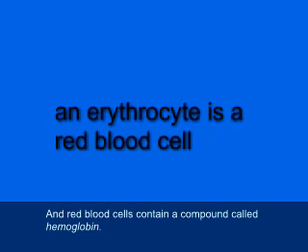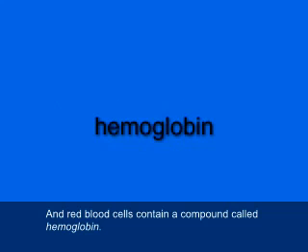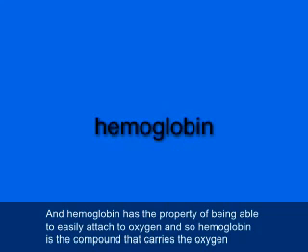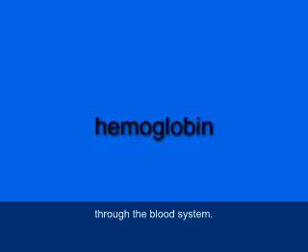And red blood cells contain a compound called hemoglobin. And hemoglobin has the property of being able to easily attach to oxygen. And so hemoglobin is the compound that carries the oxygen through the blood system.